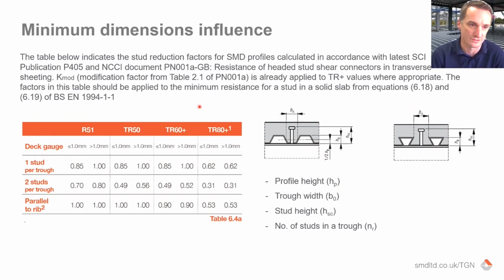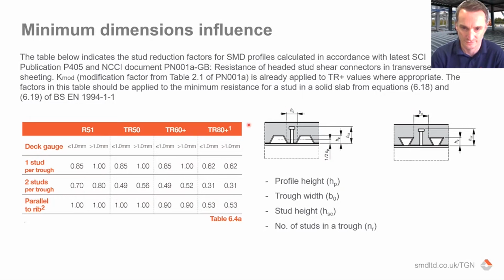On the left here, you can see the rules for SMD profiles, and you can see that for certain scenarios, you can actually achieve the same stud resistance as you would in a solid slab. That's typically where the beam is parallel, so in these kind of situations. But you can see where it's trapezoidal and the beam is perpendicular to the deck span.